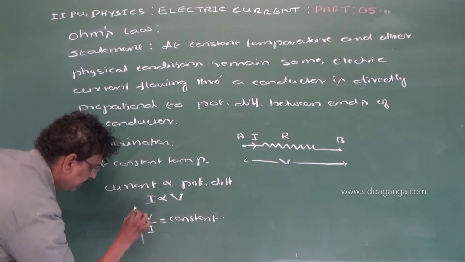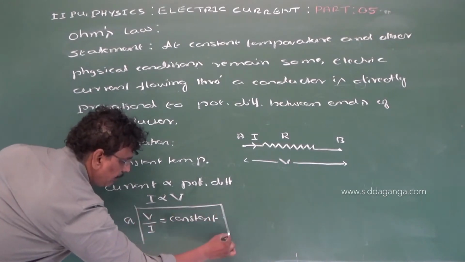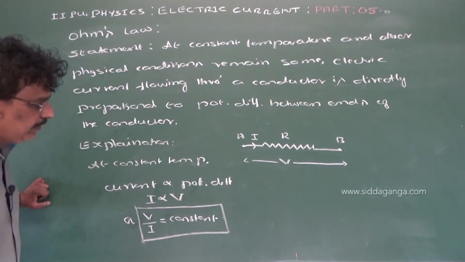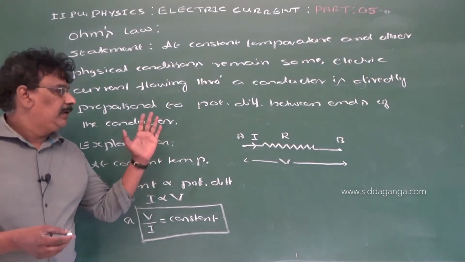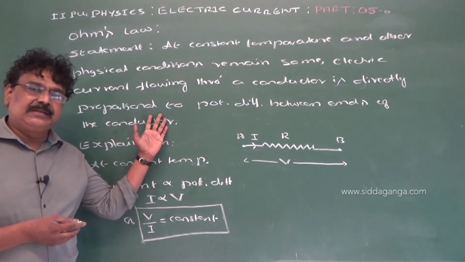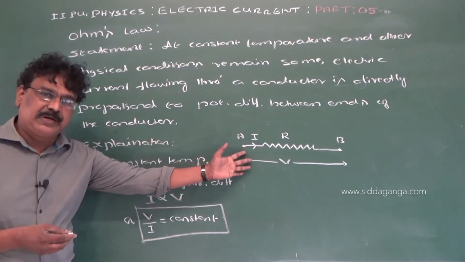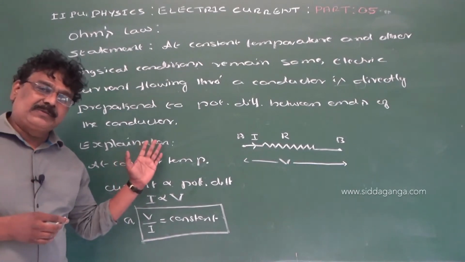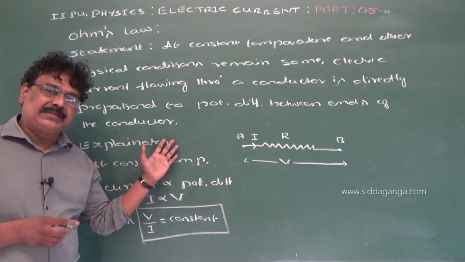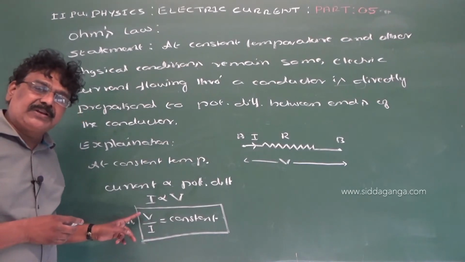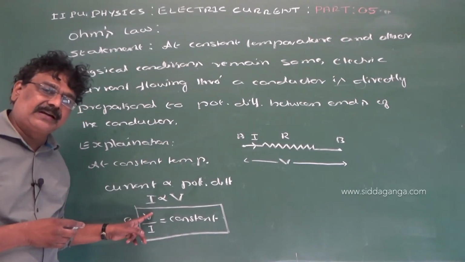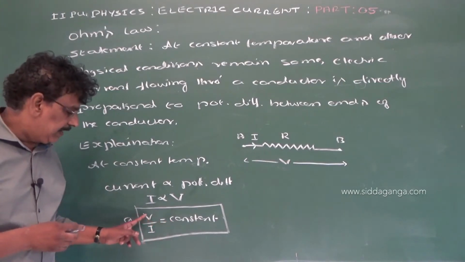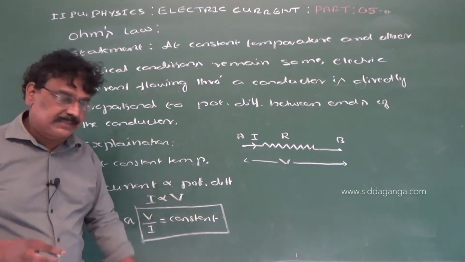This is the mathematical form of Ohm's law, right? According to Ohm's law, at constant temperature, current is directly proportional to potential difference, or the ratio of potential difference across the ends of the conductor to current flowing through it is constant, that V by I is equal to constant, right?